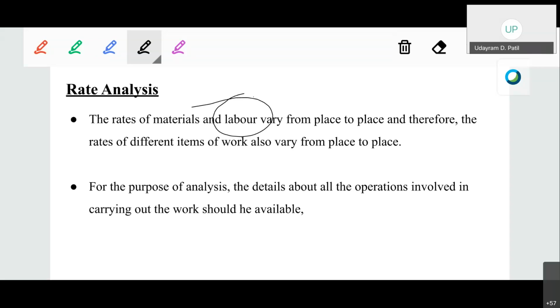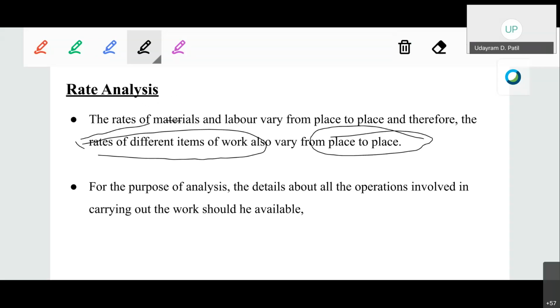So even though the total quantity of the particular work will be the same, the rates will be different for the materials and the labors. Therefore the rates of different items of work will also vary from place to place, even though the specification of that particular item will remain the same.